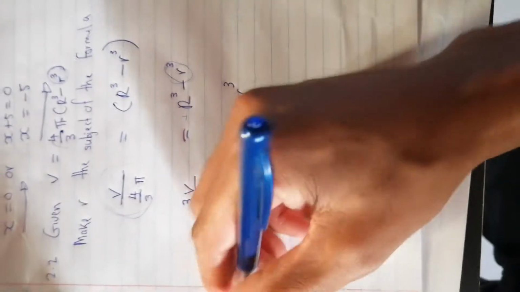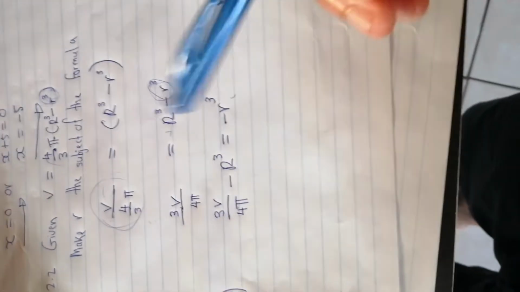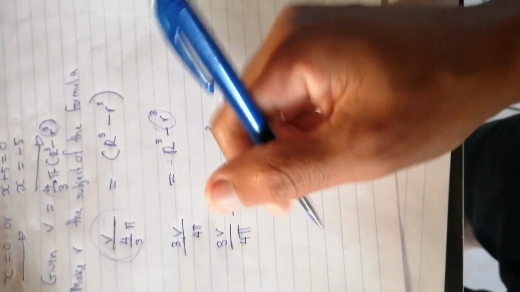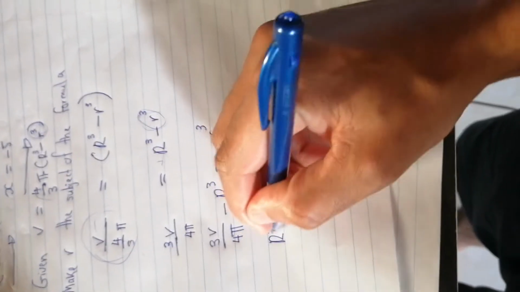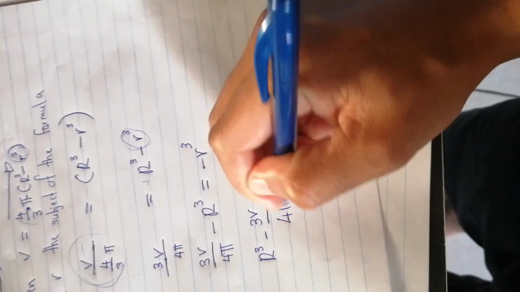We can multiply the entire thing by -1. Now whatever you do to the side here, you have to do to the other side as well. So if you multiply this by -1, we'll end up with something like this. Then this side will be positive.